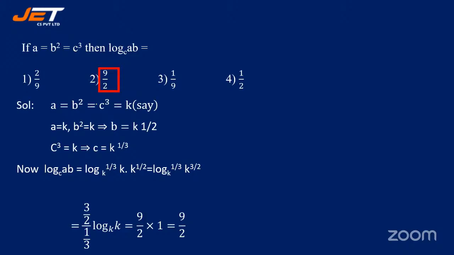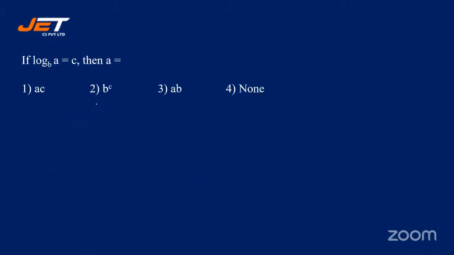It's nothing but 3 by 2 by 1 by 3, which will become 9 by 2 into 1, which is 9 by 2. So hope you all would have ticked or got this 9 by 2, option 2, as the correct answer. With this, let's move on to the next question.